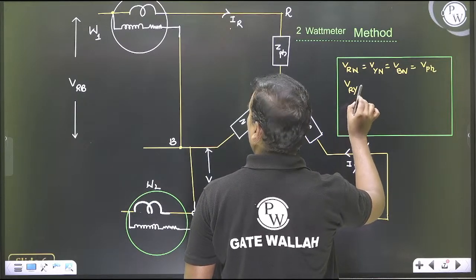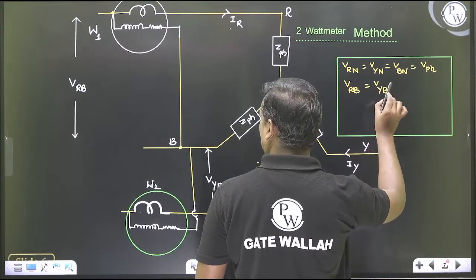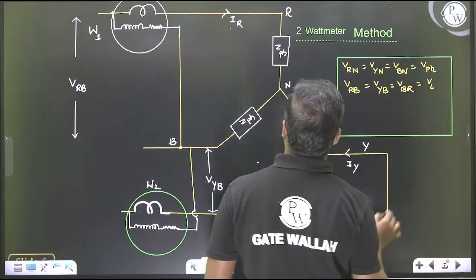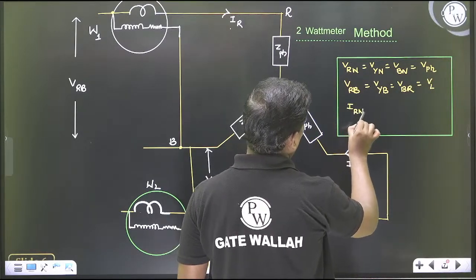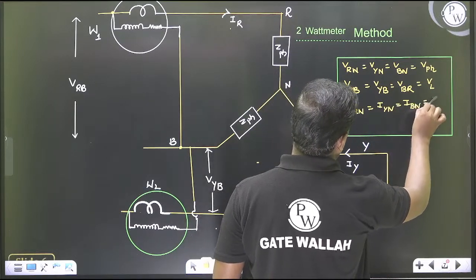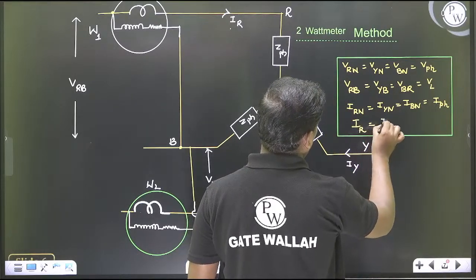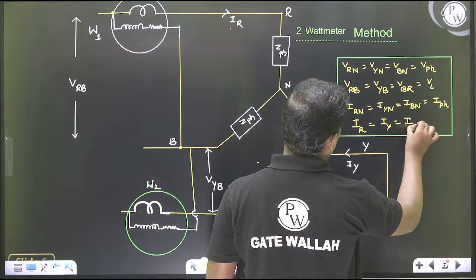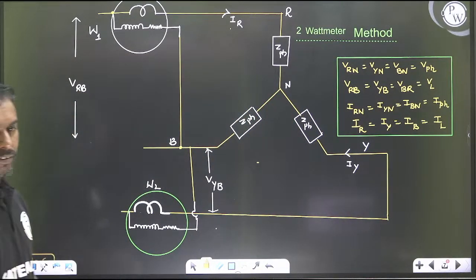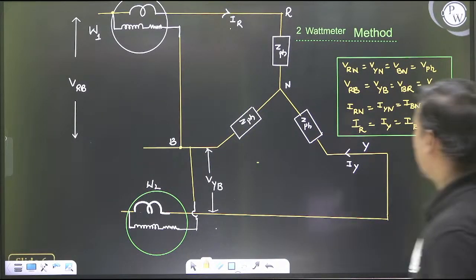VRY, VRB, VYB, VBR, these are the line voltages. IRN, IYN, IBN is a phase current. IR, IY, IB is the line current. Okay. So for a star model, we know that VL is equal to root 3 VPH, IL is equal to IPH.